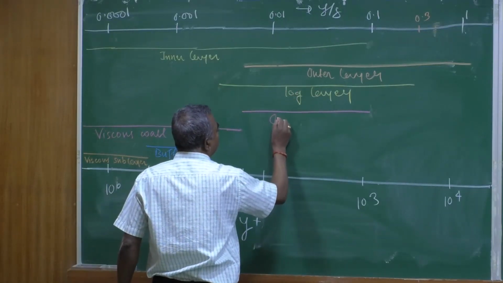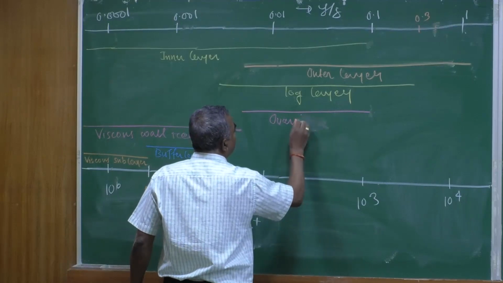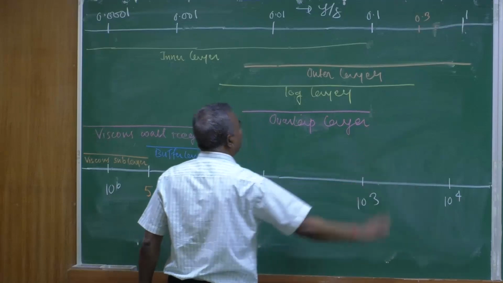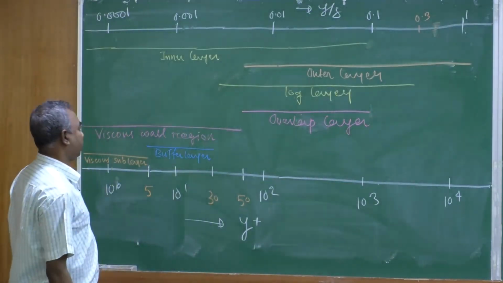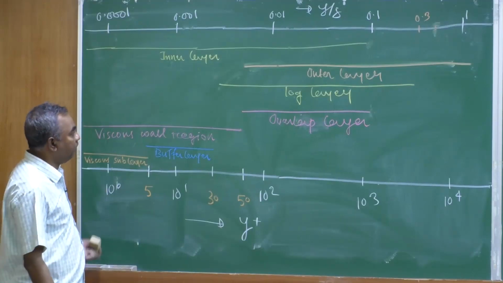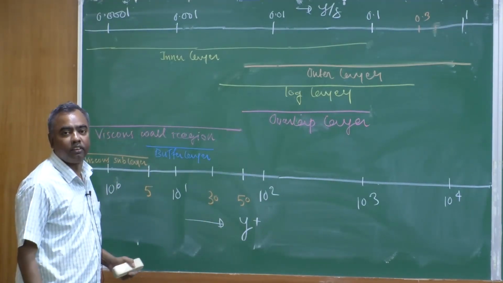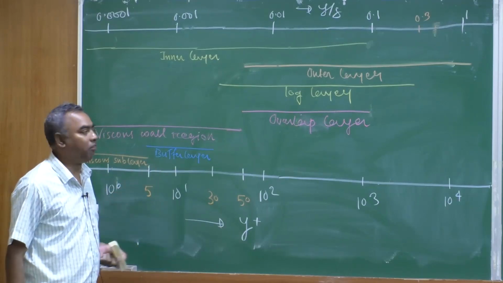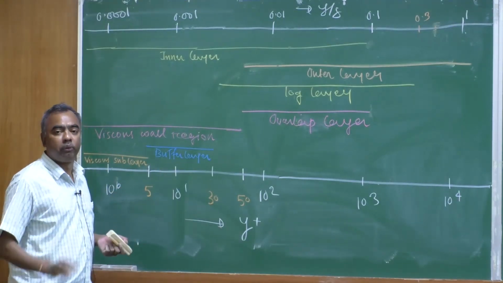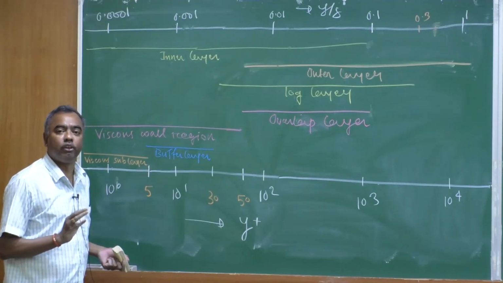So, this is what can be called the overlap layer. So, these are the various layers which exist in a turbulent flow, or in a turbulent channel flow. Till this we could find two universal laws, one is the law of the wall, another is the log law.